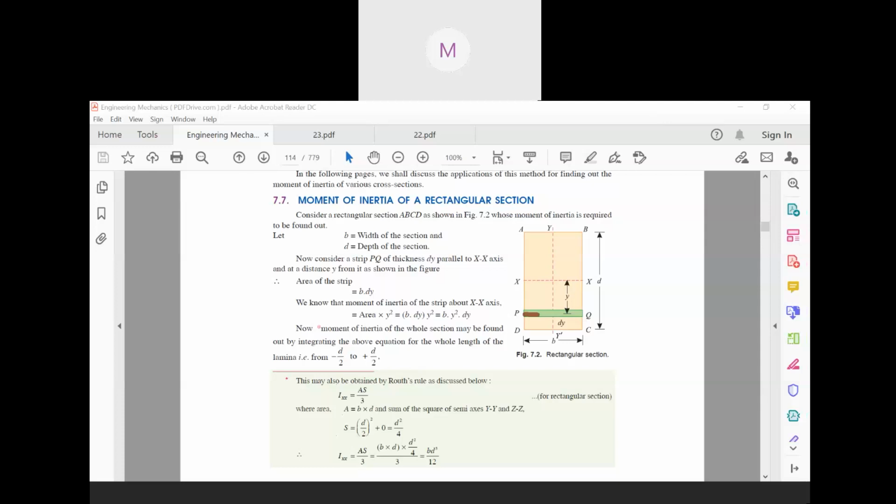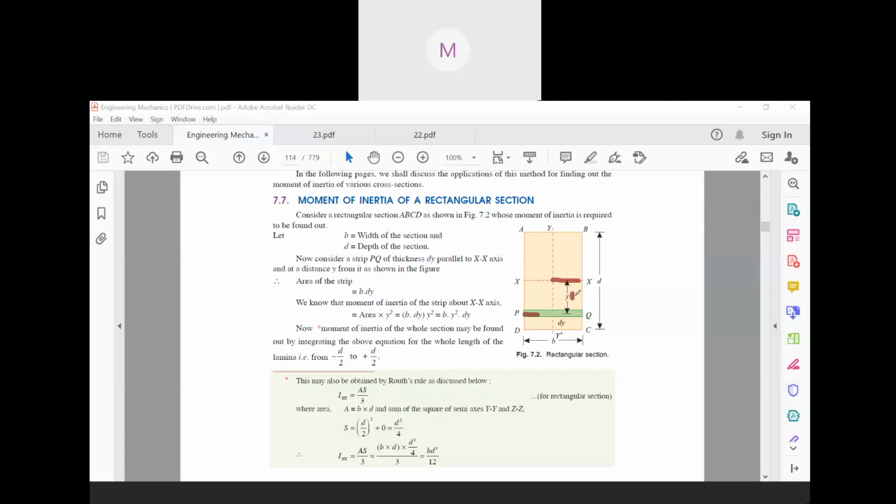This small strip has a thickness of dy and is parallel to the x-axis, at a distance of y from the central axis.